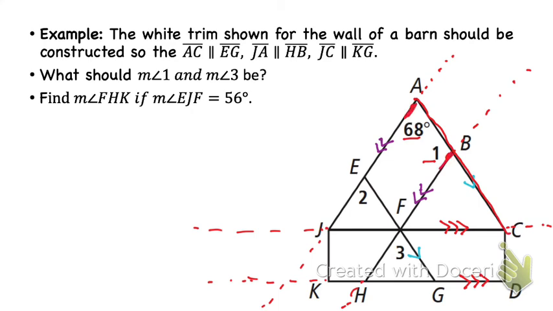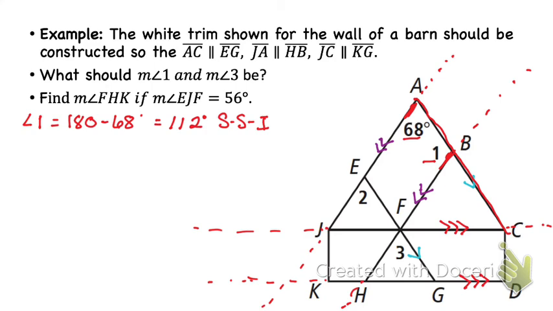So that means they're supplementary. So to find angle 1, I'm going to take 180 minus 68 and get 112. And that's by same side interior, using my theorems.